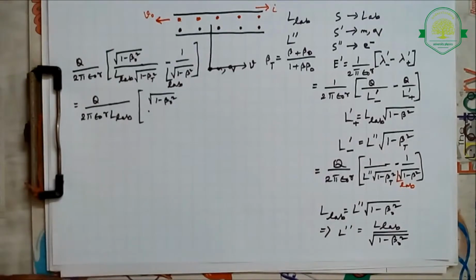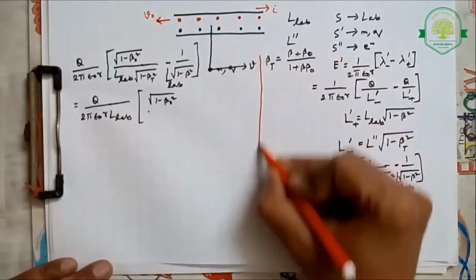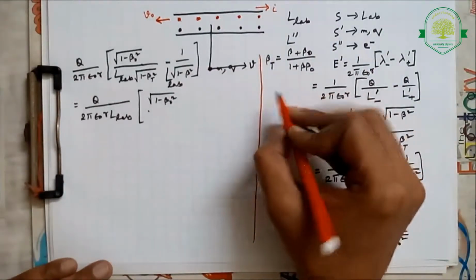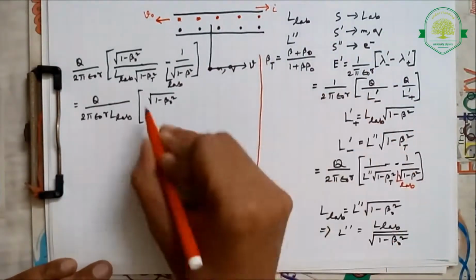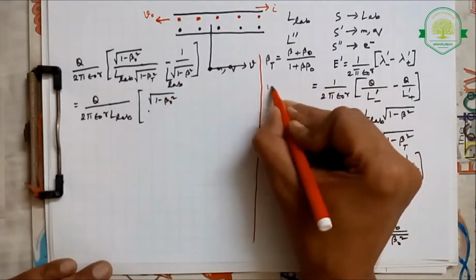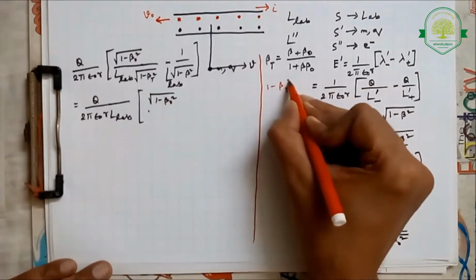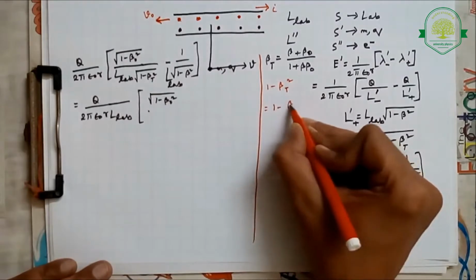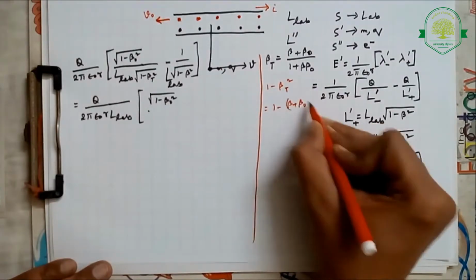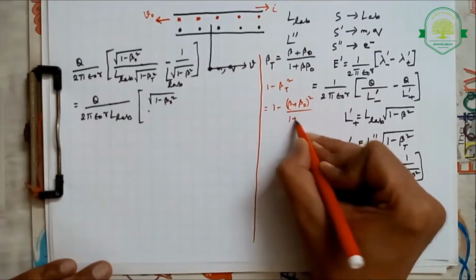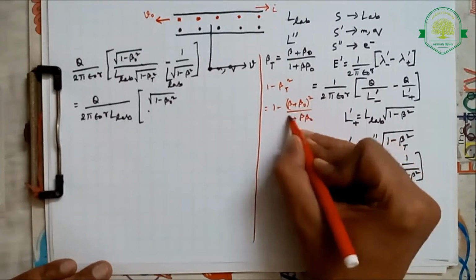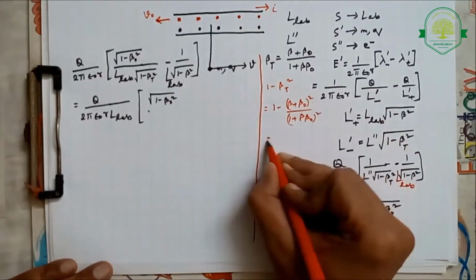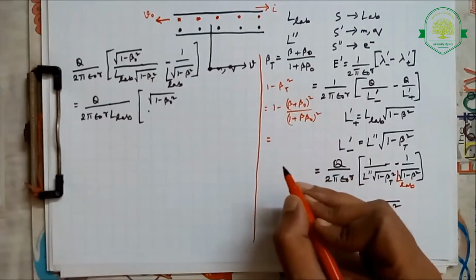So let me do that in a different color right over here. 1 minus beta t squared is just 1 minus beta plus beta naught over 1 plus beta beta naught, all squared.